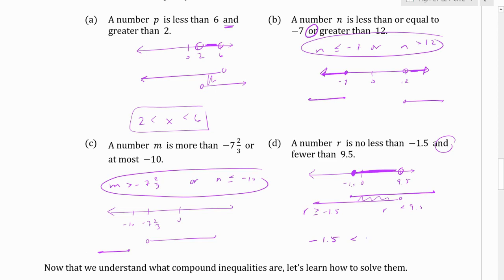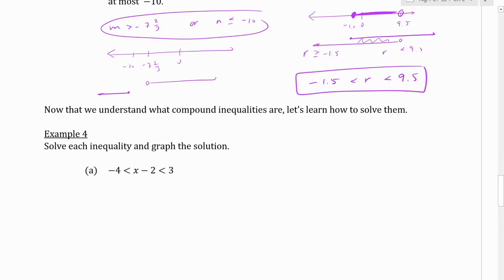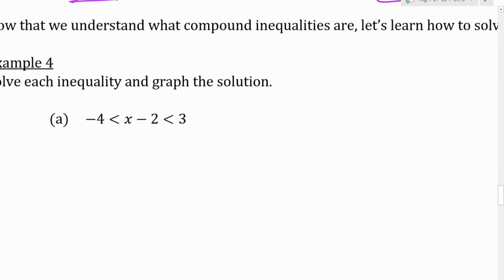So we're talking about those numbers right there. Okay. And then they're going to teach how to solve. Well, not they. I'm going to teach you how to solve them. There's two ways to go about this. If everything's all shoved together like this, see how there's two inequalities?